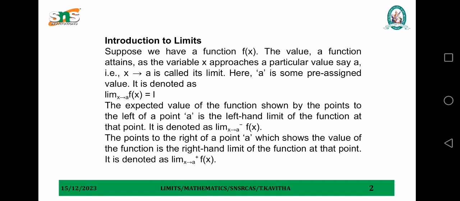It is denoted as limit x tends to a plus f of x. This is the diagram for the left hand limit and right hand limit: x tends to a minus f of x and x tends to a plus f of x.